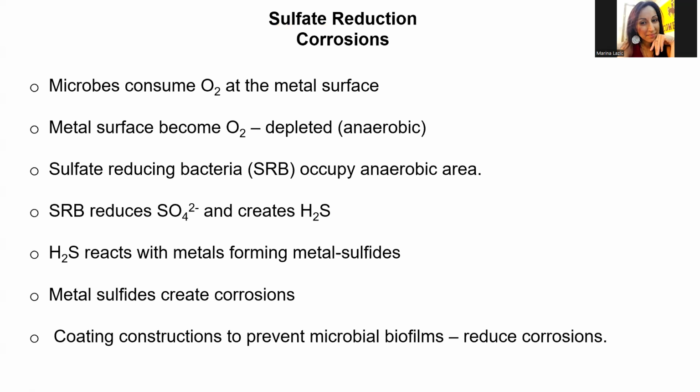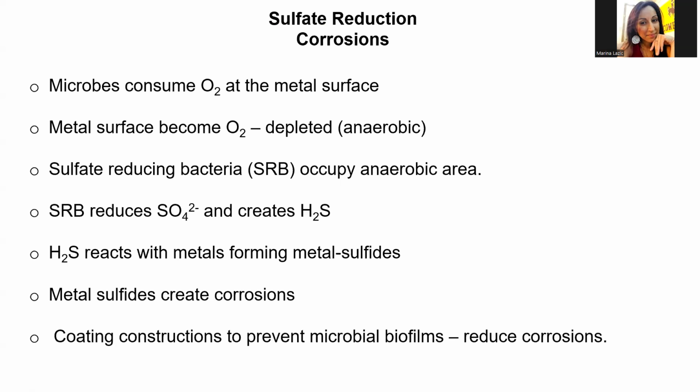What is interesting about sulfate reducing bacteria is that they actually cause corrosion on bridges. If you think about a metal surface like a bridge construction, there will be microbes on the surface that consume all available oxygen, and then they make that area oxygen depleted, or anaerobic.